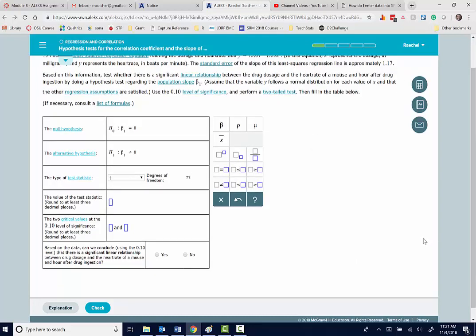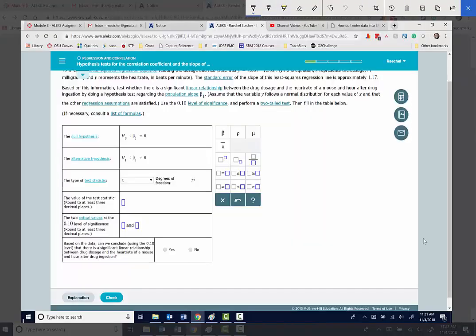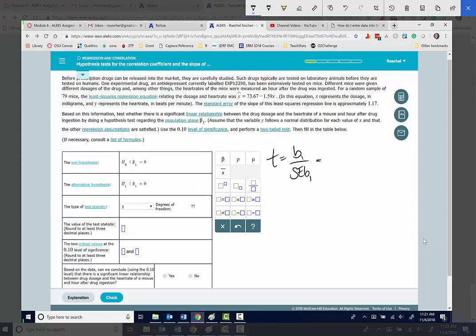I'm going to give you the formula for the test statistic for testing this hypothesis. Our test statistic is going to be the beta value from our equation divided by the standard error of that beta value. In this case, beta 1 is equal to negative 1.59, and the standard error they've given us is 1.17.